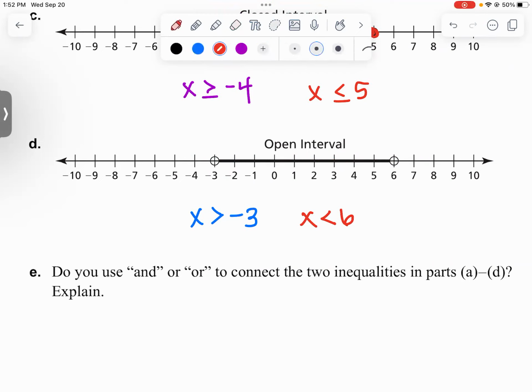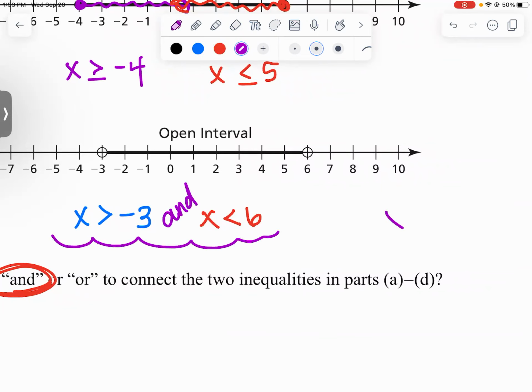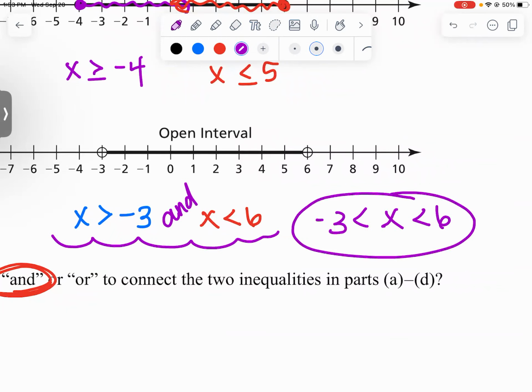We are using and. Okay. Now, I can't remember who asked, can we just make it into one inequality sentence? So like this right here, if there's an and in between, we can say X is less than 6 and greater than -3. And this means the same thing.